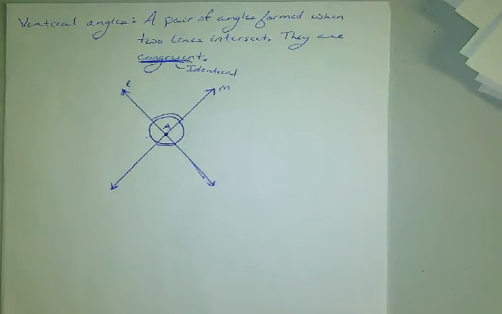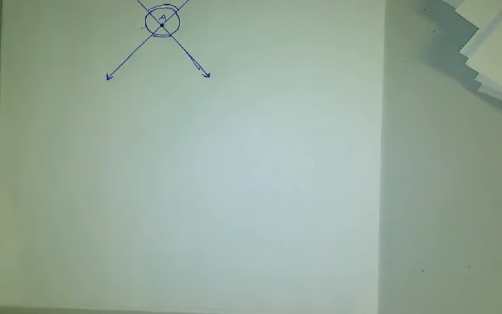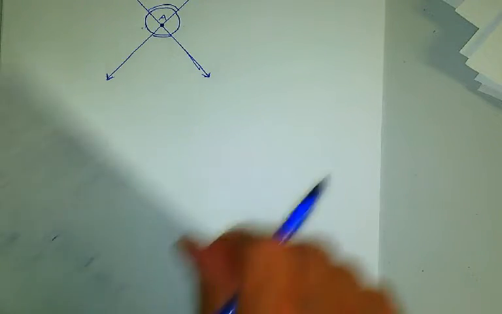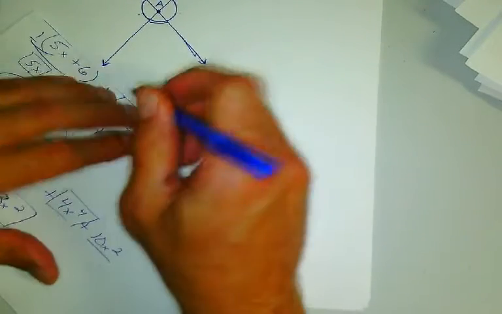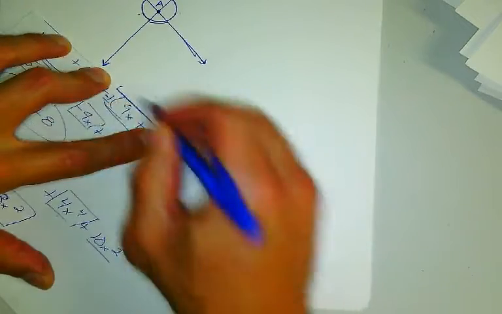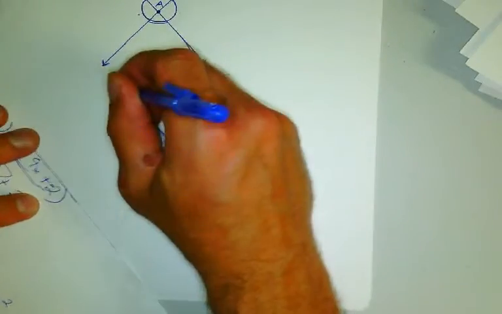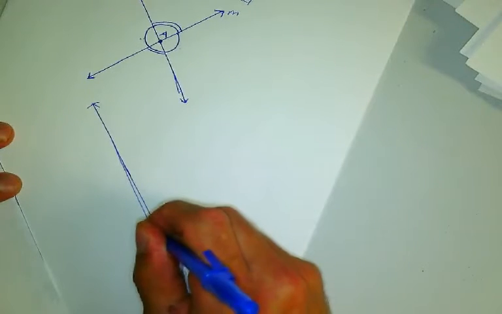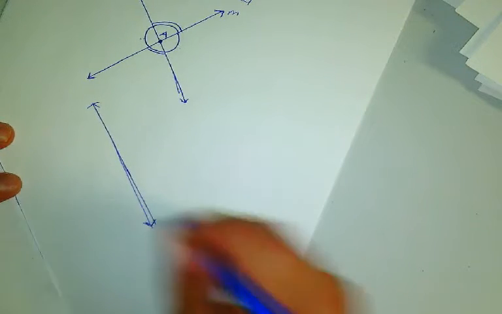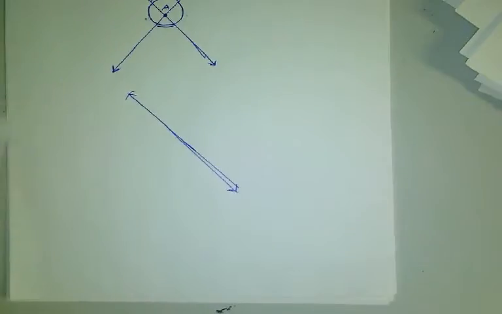Now, how do we name angles? This is important because it's easy, but something we can't skip over. So let me draw another set of vertical angles here. My straight edge is a sheet of paper because all my rulers are in my classroom, so don't make fun of me. The only straight edges I have here at home are like three feet long for building things.